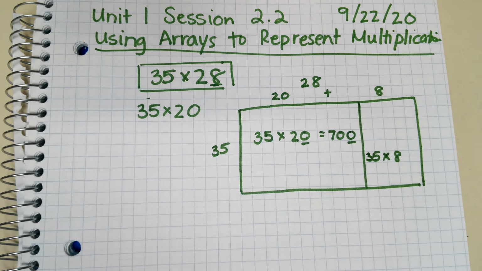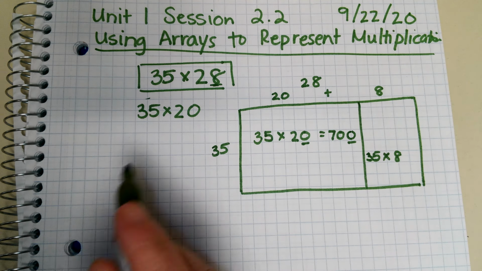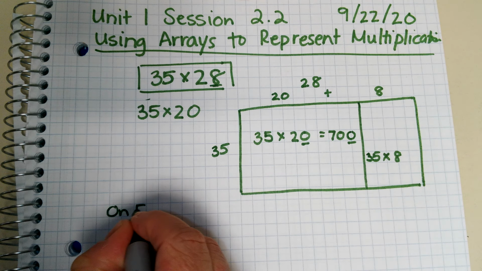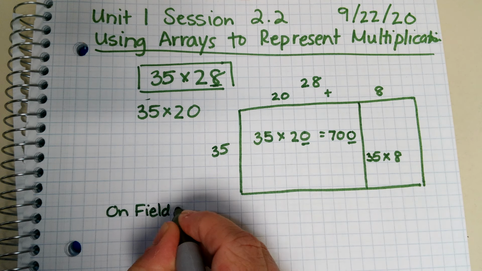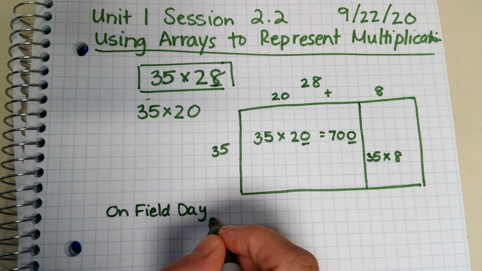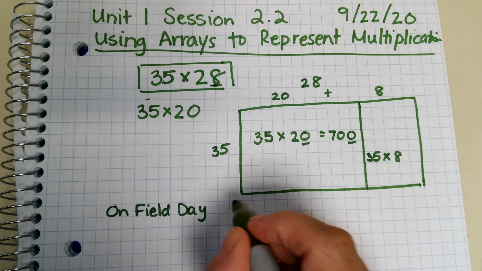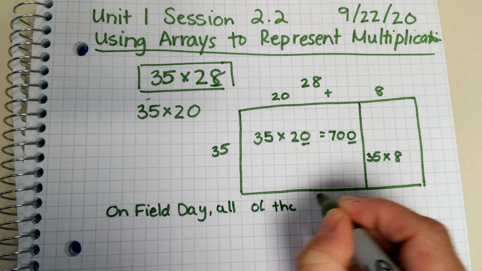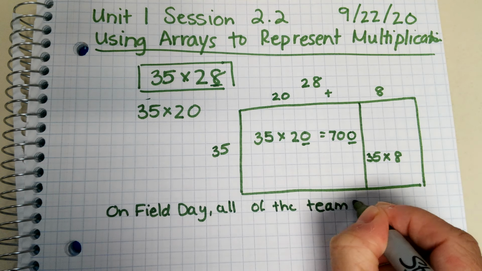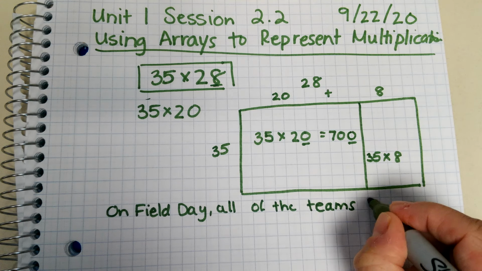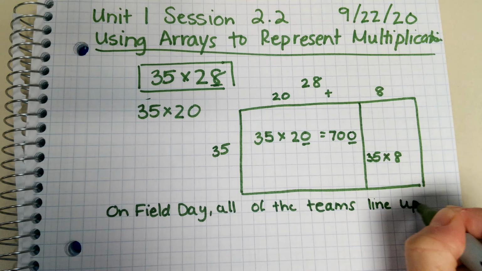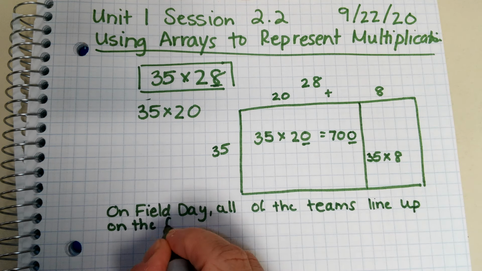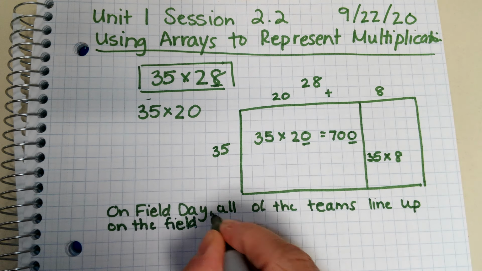So I'm going to write down really quickly, to summarize that: On field day, all of the teams line up on the field in a huge rectangle.